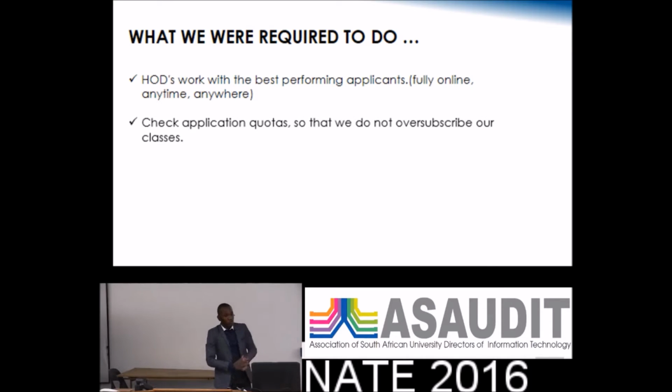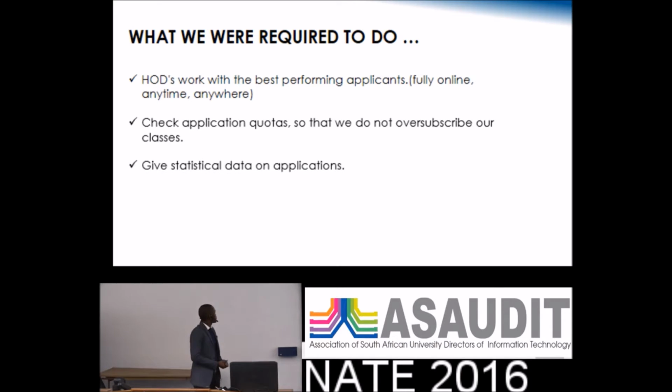We should be able to check the application quotas so that we do not oversubscribe our classes. So you don't want to be at the end of the year, or maybe in January when we do admissions, to find that we admitted more students than we have classes allocated for them. Right? We should be able to give statistical data on our applications.